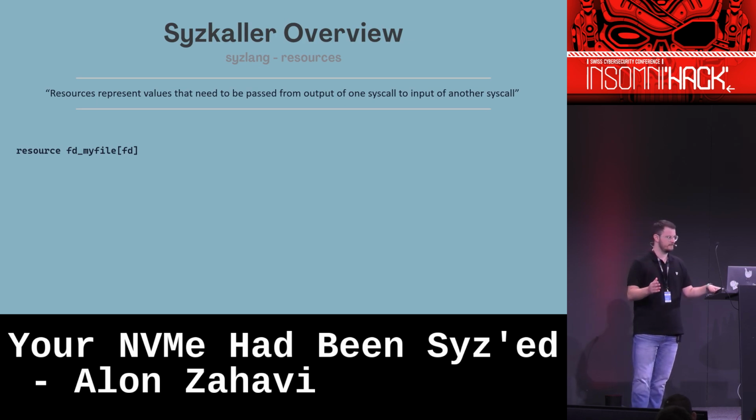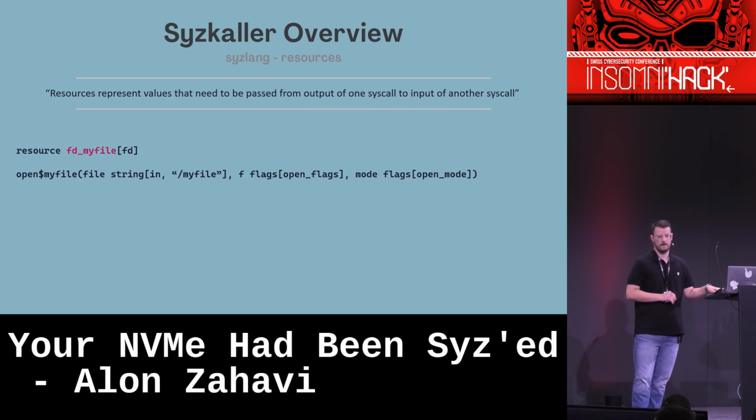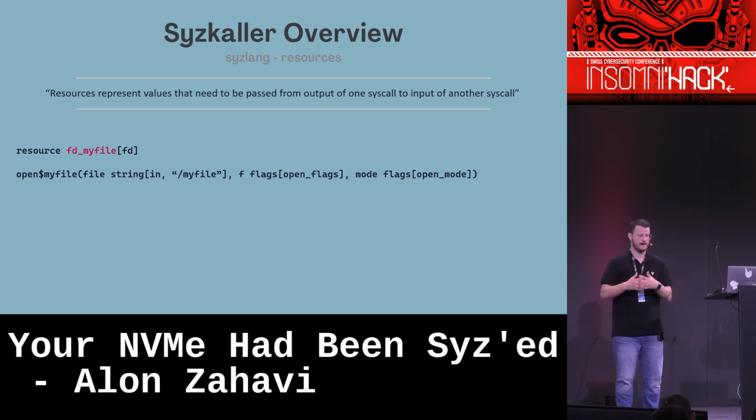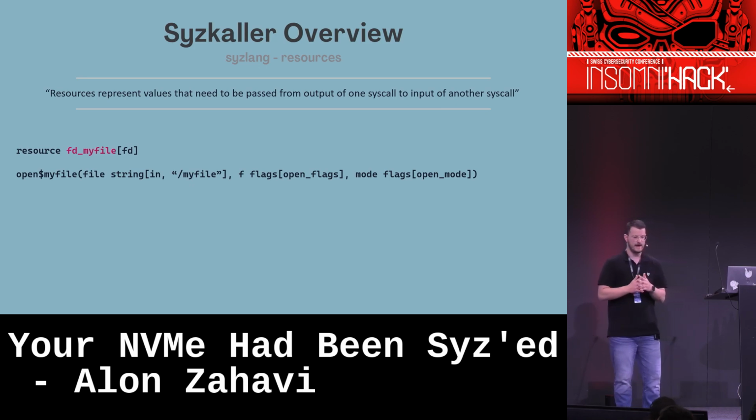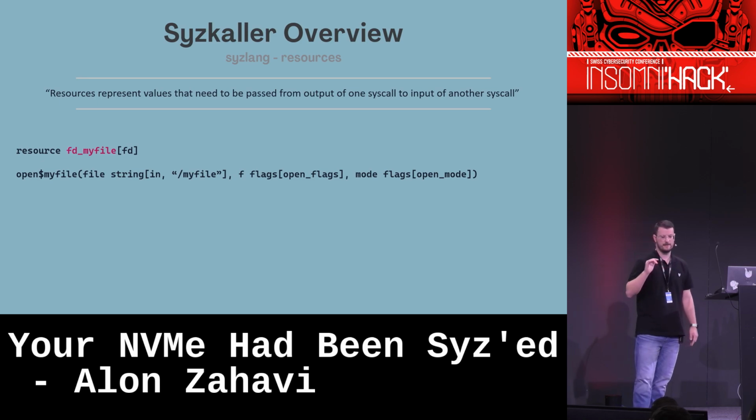We start with declaring the resource, fd_my_file. Then we give it another syscall that will be returned into our resource. So here you can see the open my file variant, and you can see in the first parameter that it will always open the my file on the root file system.